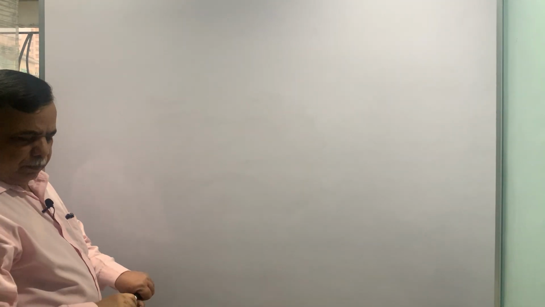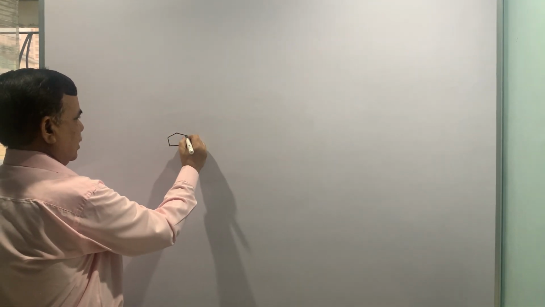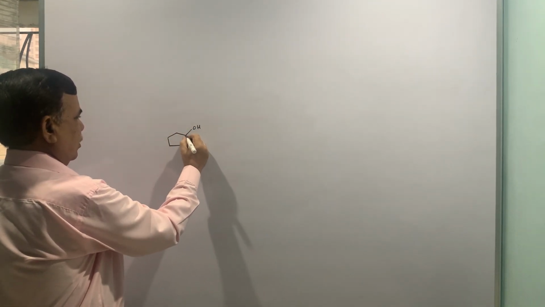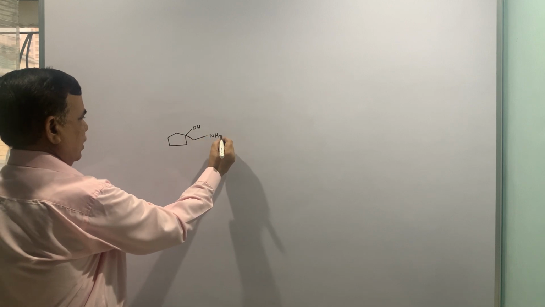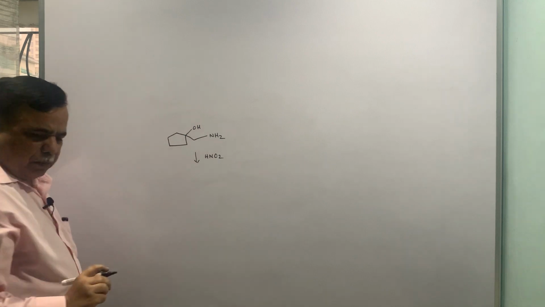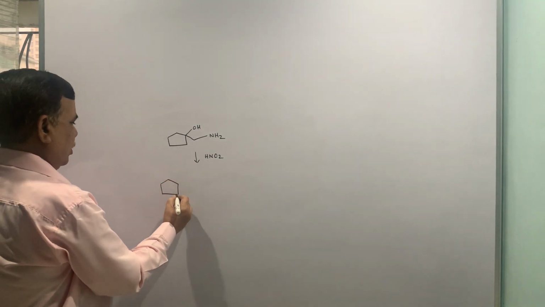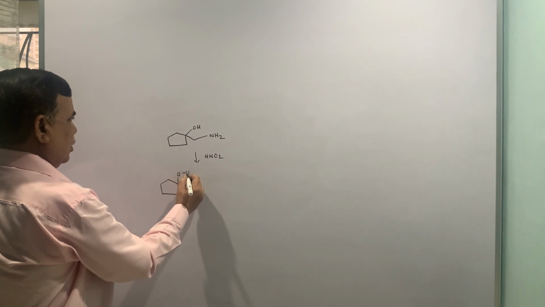One more reaction. We have done this kind of example, but let us put it as it is there in the set. HNO2, question mark is there, the product is not given, so let me put OH in this form.